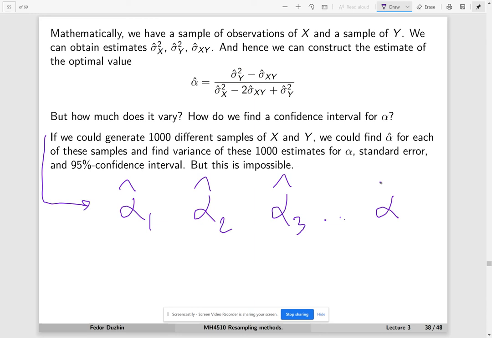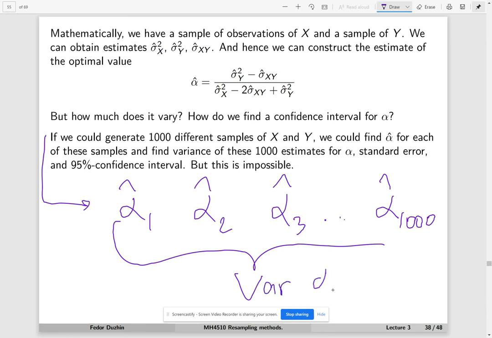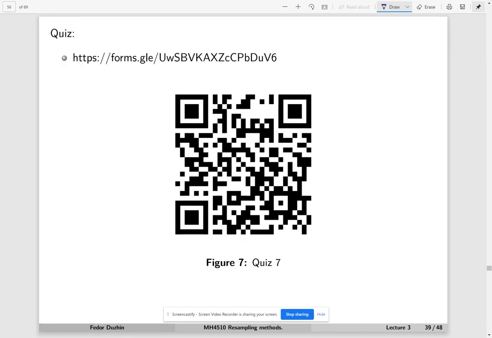If we had 1,000 samples, we could do it 1,000 times, and then estimate the variance of our alpha hat. But in practice, this is impossible because we do not have these 1,000 different samples. This was the motivation for why we need Bootstrap. In the remaining part, I'm going to explain the Bootstrap procedure itself. And now please do this little quiz.